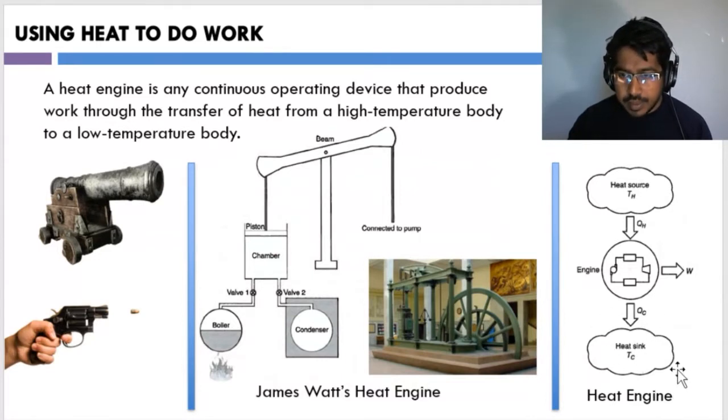So this is the basic idea of a heat engine. Any device that falls under this definition at the top of the slide can be represented as this, as you see in your right hand side corner.